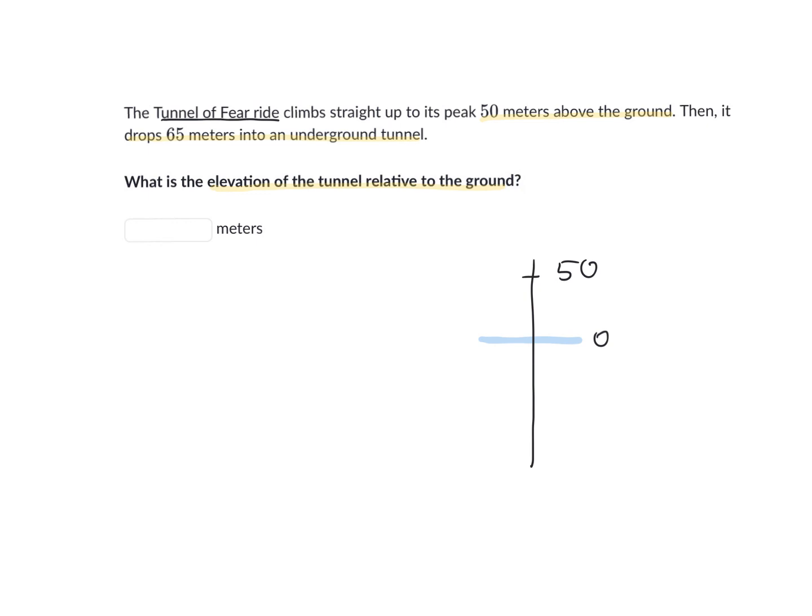And it's dropping 65 meters. So I'm going to go down 50 and then another 10, right, would get me here to -10. And then I'm going to go another 5 more. So I would end up at -15. This is like we took 50 minus 65.